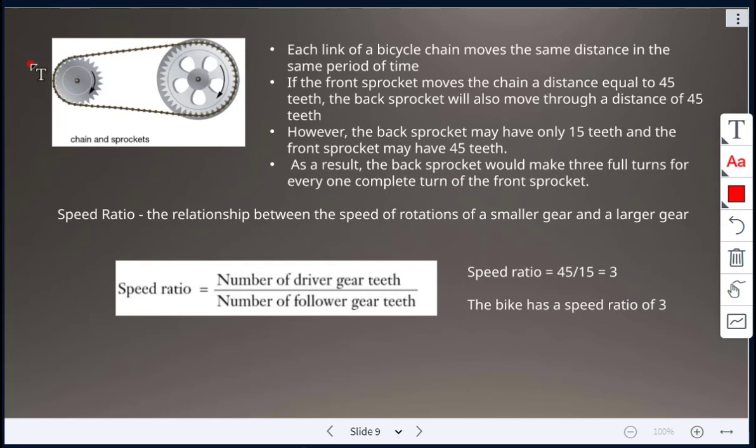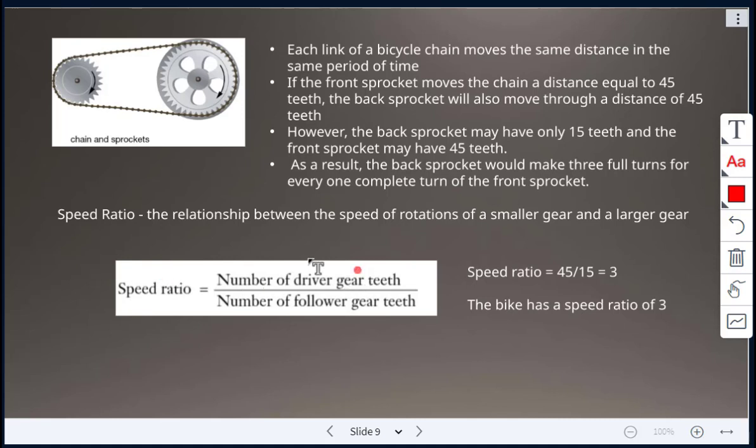As a result, the back sprocket is going to make 3 full turns for every 1 complete turn of the front sprocket. And that's where we get into this speed ratio calculation. It's the relationship between the speed of rotations of a smaller gear and a larger gear. We can make this calculation using the number of gear teeth.